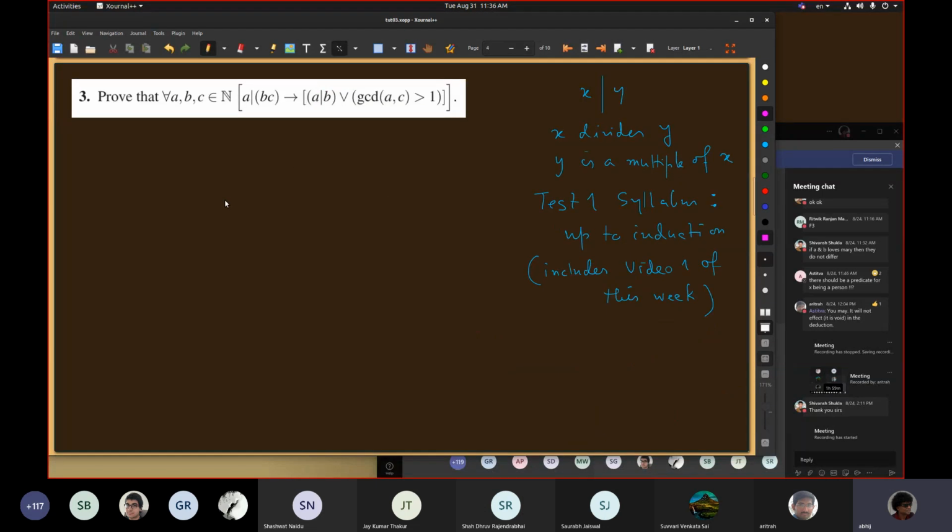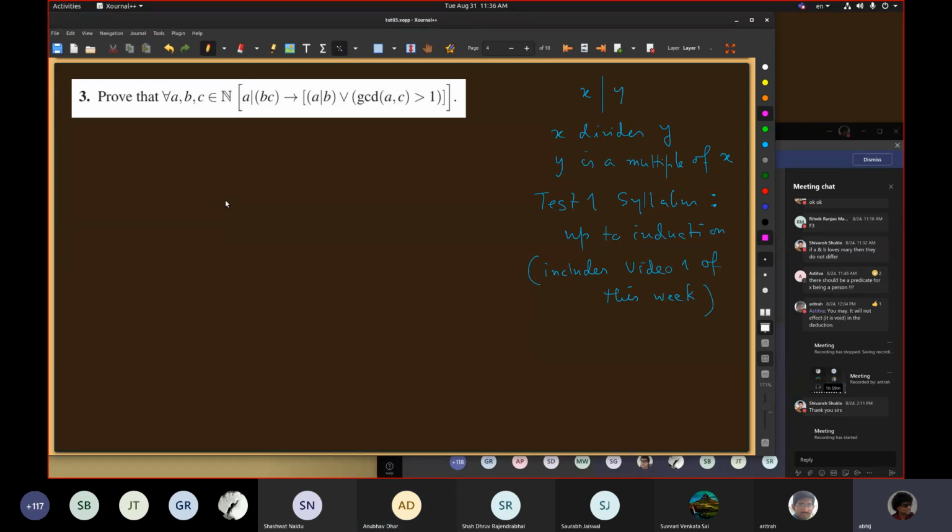So, any suggestions on how to solve this? Sir, we can rewrite this as: A divides BC and not of GCD(A, C) greater than 1 implies A divides B. Exactly. Good.